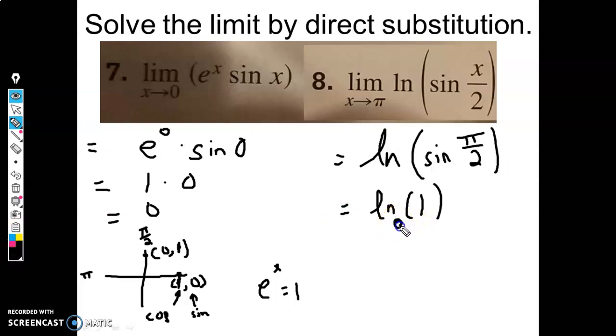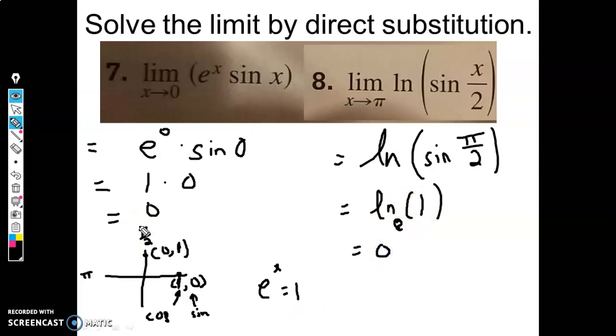So if you're doing natural log of 1, you're taking the base and trying to figure out what power. For log and natural log, you're actually trying to figure out the exponent. So e to what power x is equal to 1. And like I said in the last problem, e to the 0 power is 1. So natural log of 1 is equal to 0.